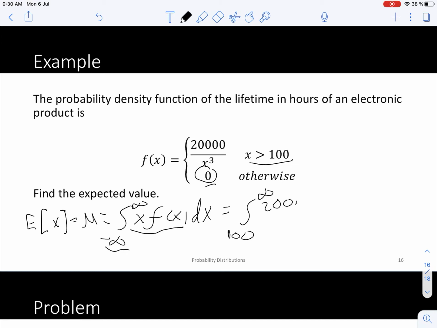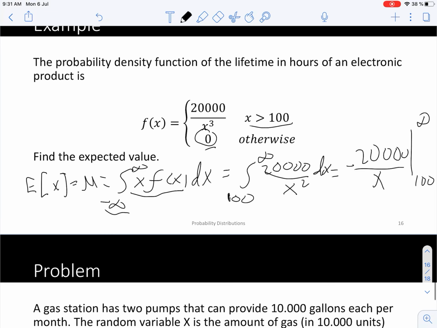So this is the integral of 20,000 over x squared dx, right? So we do the integral and we get that this expression is going to be equal to minus 20,000 over x, evaluated from 100 to positive infinity, right?